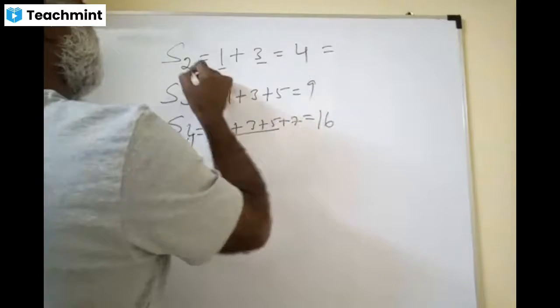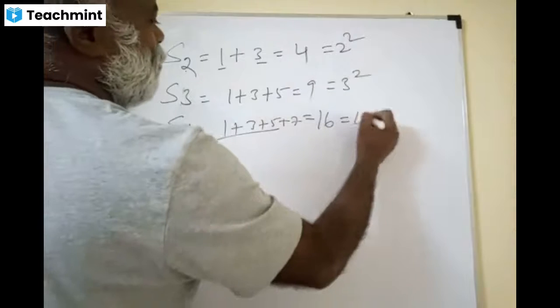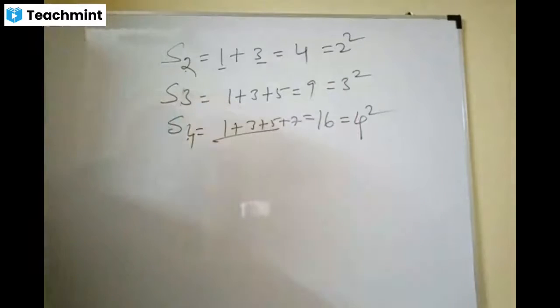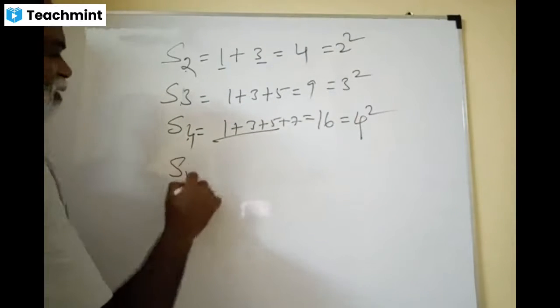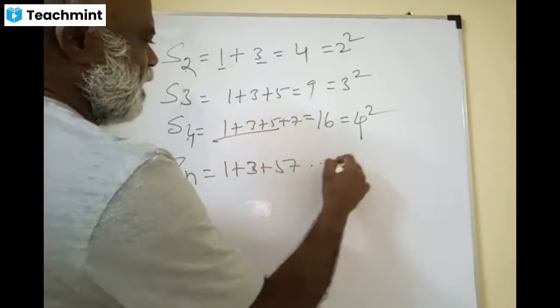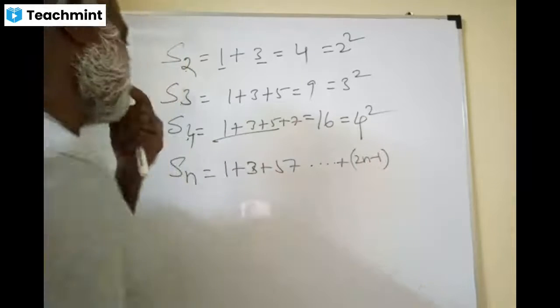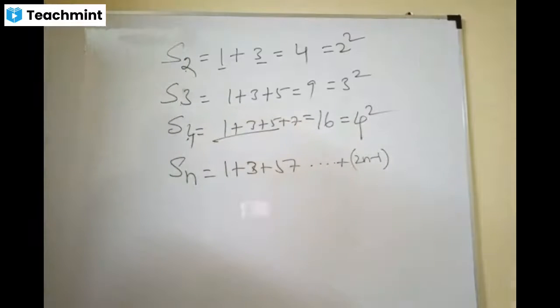What is 4 called? 2 square. 9 is called 3 square. 16 is called 4 square. Suppose I have Sn equals 1 plus 3 plus 5 and so on, up to 2n minus 1. Okay?